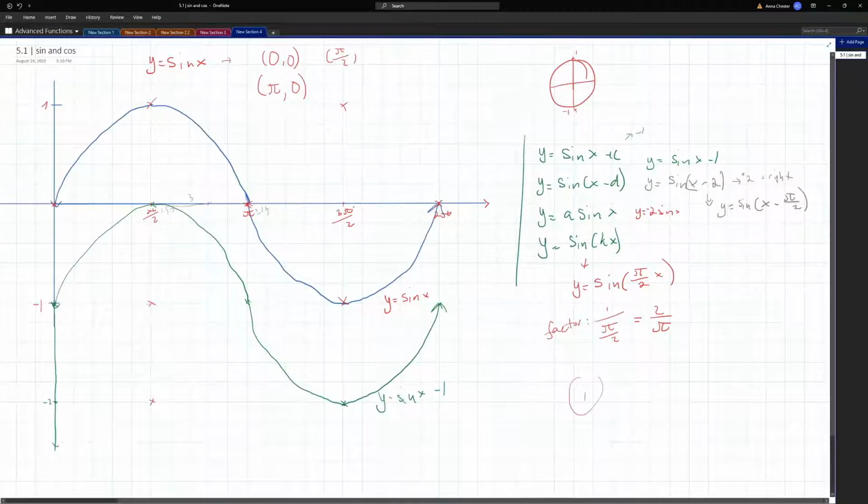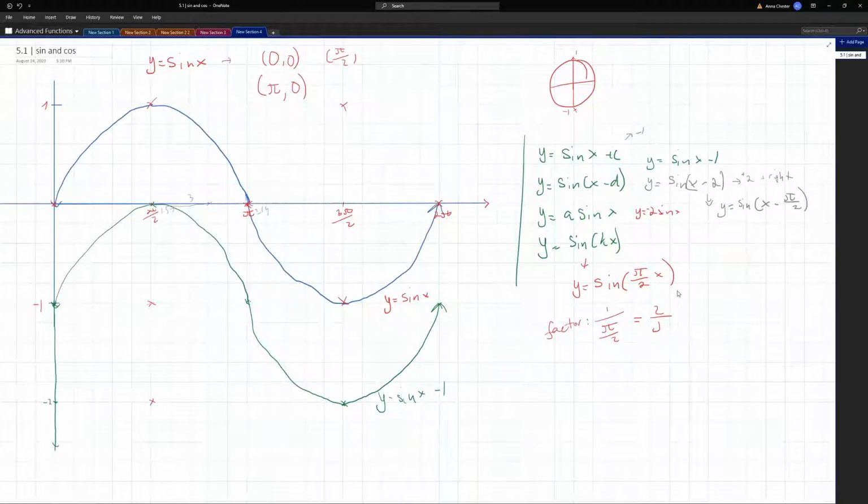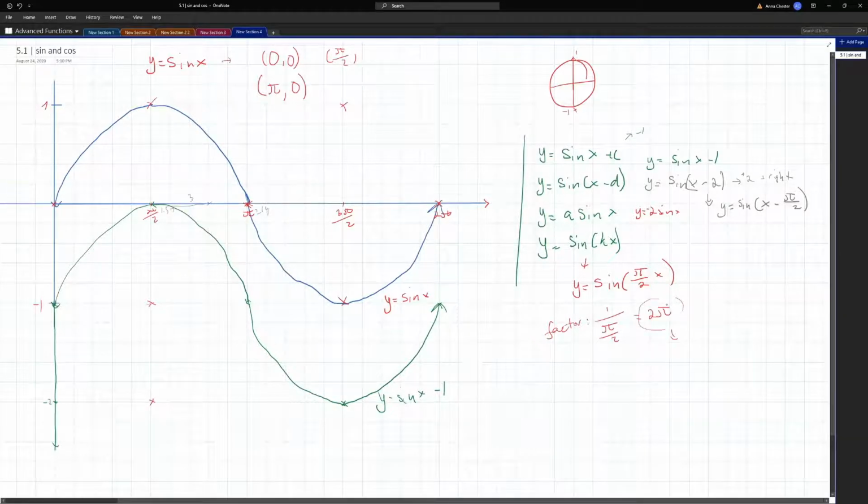However, if you were given something like y equals sine of, let's see, negative 4x, that would mean that our factor would be 1 over negative 4, right? If it's negative 4, that means we're reflected on the y-axis. Then, it also means we're horizontally compressing it.